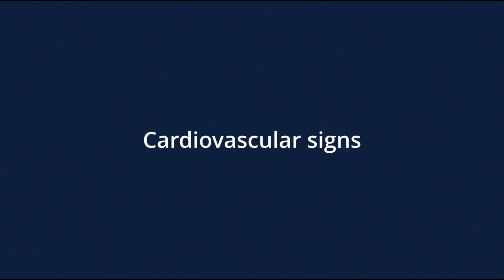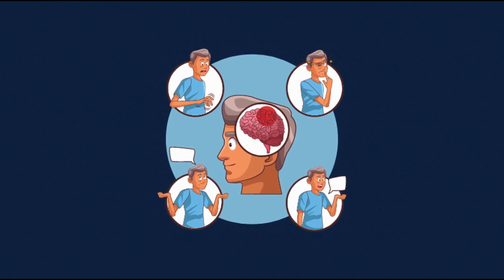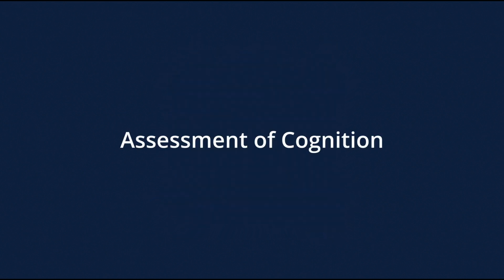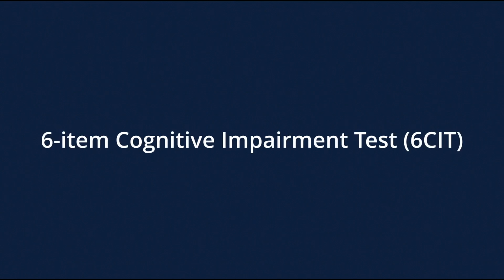Look for cardiovascular signs such as hypertension, arrhythmia, or peripheral vascular disease. Other possible causes of symptoms such as physical or mental illness. Cognition can be assessed by various cognitive assessment tools such as the 10-point cognitive screener, the 6-item cognitive impairment test, the 6-item screener, the memory impairment screen.